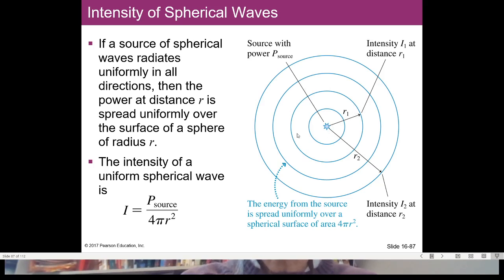So the exact same energy gets spread over a sphere, which has a larger and larger radius as it goes outwards. Okay, so what is the surface area of a sphere? Well, as we all know, the surface area of the sphere is 4 pi r squared. So the intensity goes down like the square of the distance. Okay, so that's why sound becomes less loud the farther away you get.